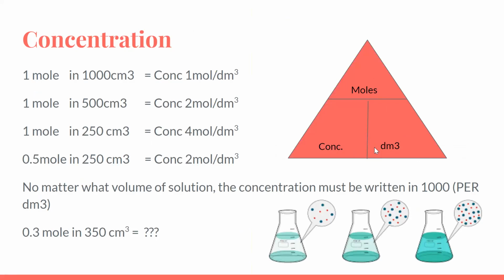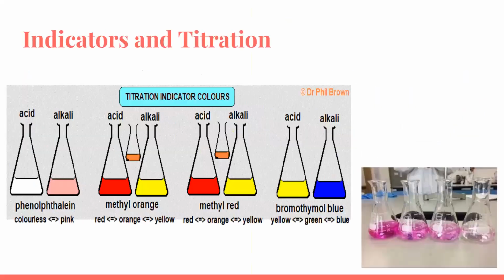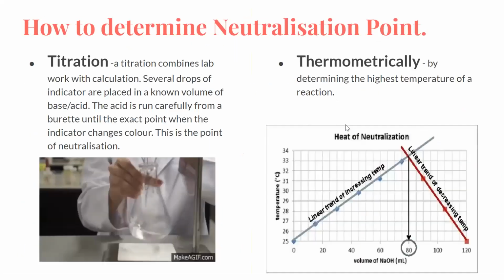Let's go back. To run base into acid at a specific point until there's a change in color. And the burette measures the amount of base that it takes to do that.